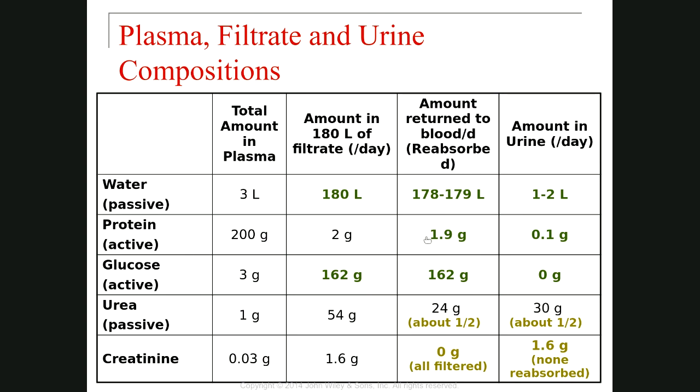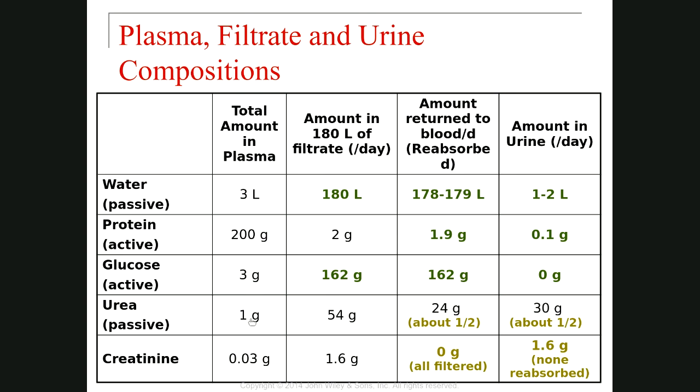From this amount, 1.9 grams become reabsorbed, and we can see only 0.1 gram or no protein in the urine, and it's a normal situation. The amount of glucose in our plasma is about 3 grams. 162 grams of glucose is filtered in our kidneys each day, and all of it should become reabsorbed, and we don't have any glucose in the urine.